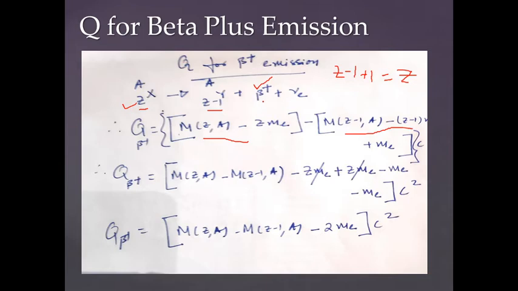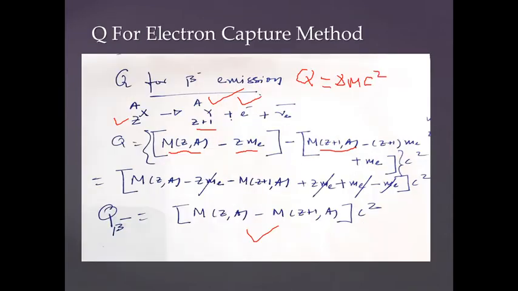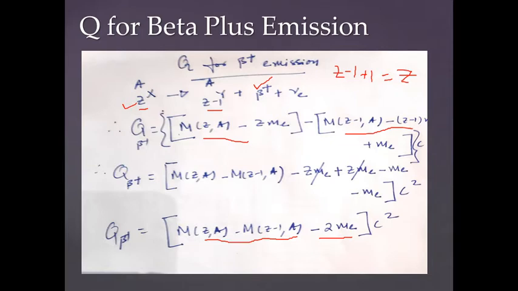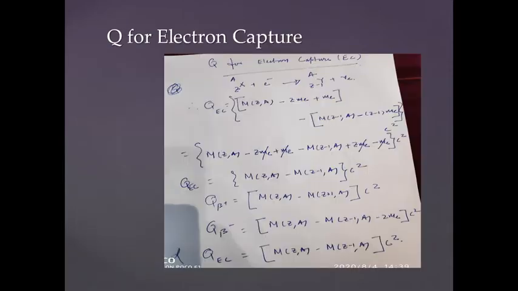The charge is different but the mass is the same, so I have written plus Me. If I rearrange this, I get Q beta plus is equal to initial mass minus final mass minus 2 Me. Please pay attention here. This is an extra term which is coming. Minus 2 Me.